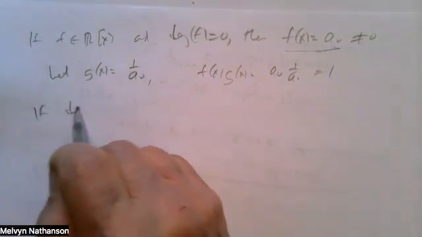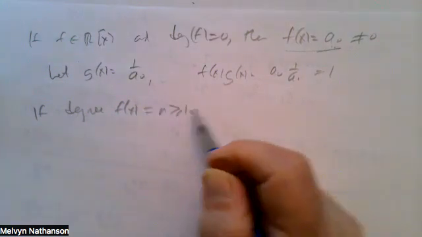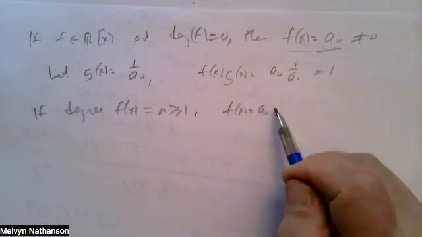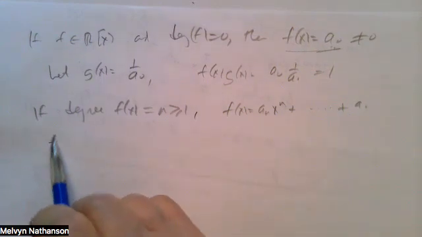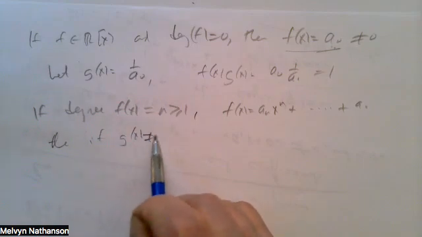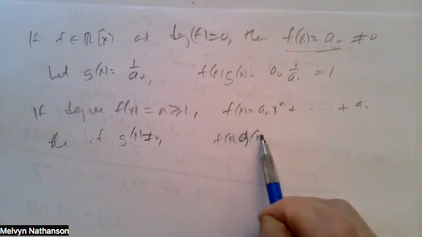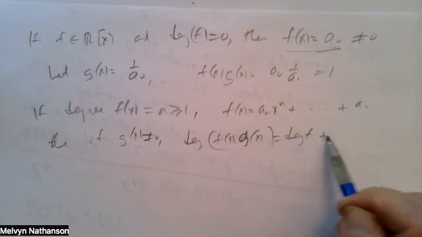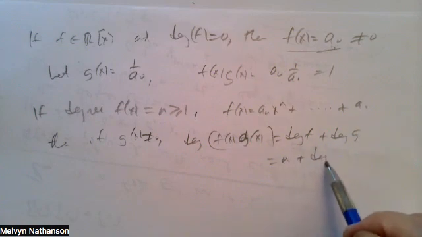But if the degree of f of x is some number n greater than or equal to 1, so f of x is a_n x to the n and lower order terms, then if g of x is not 0, and I multiply f of x by g of x, the degree of this product is the sum of the degrees. This is n plus something.